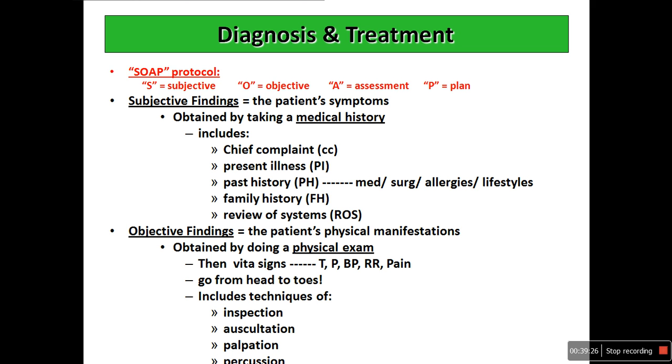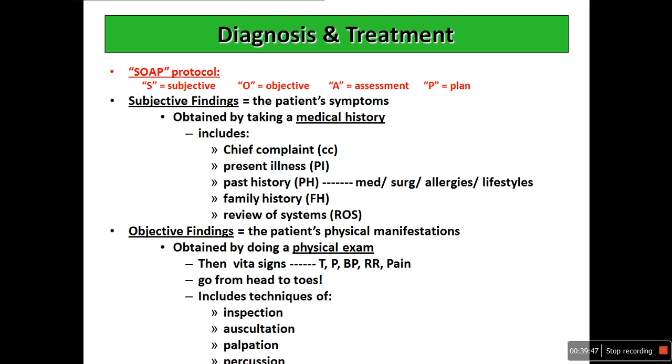What are the subjective findings? They are the patient's symptoms. How can I take the patient's symptoms? By taking a medical history of the patient.